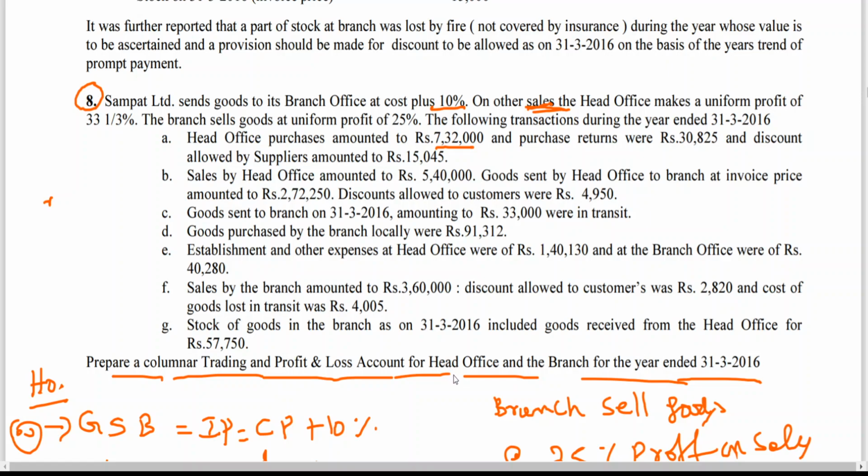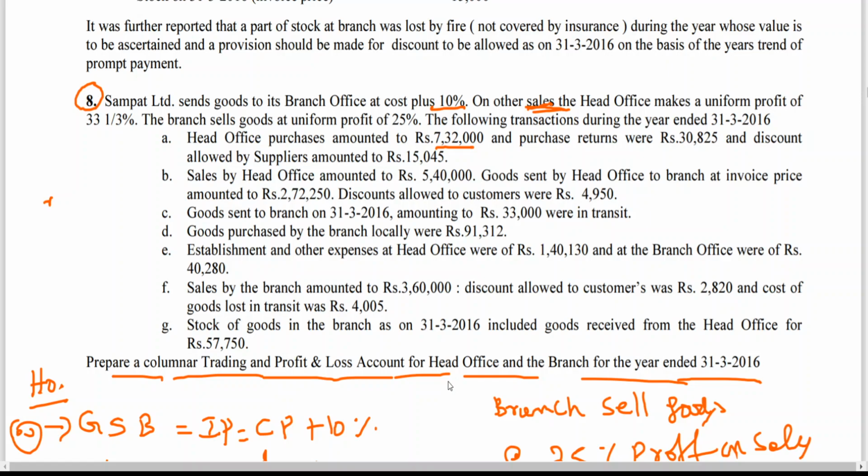For the first time in the problem of final accounts, you also have a transaction of head office. Along with the goods sent to branch, they are also going to find out the profit of their activities other than the goods transferred to branch. That means head office also has some operations.